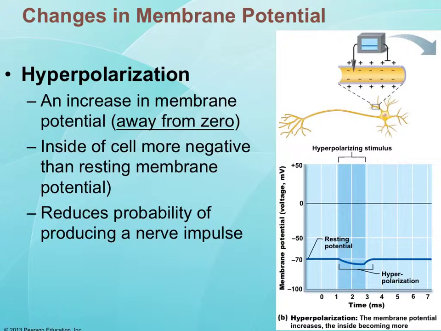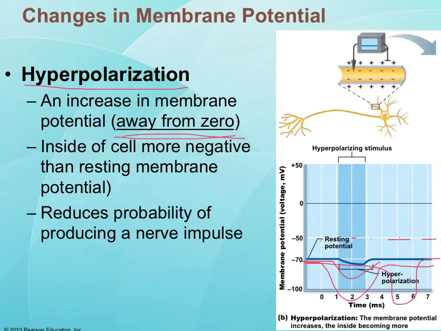And since the -70 here is considered polarized, with negative inside, anything that becomes more negative, we call hyperpolarization. Anything that goes down, more negative, is hyperpolarization. Hyperpolarization always moves away from 0. Remember, we see there's a threshold.